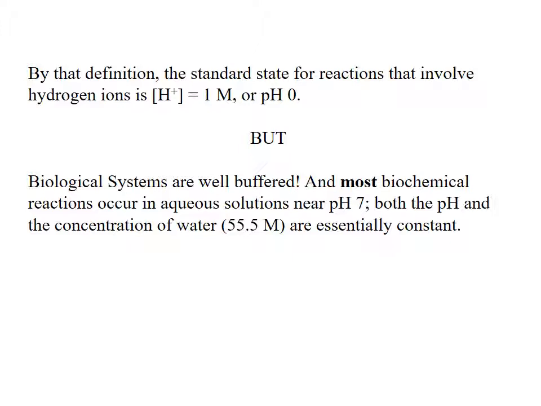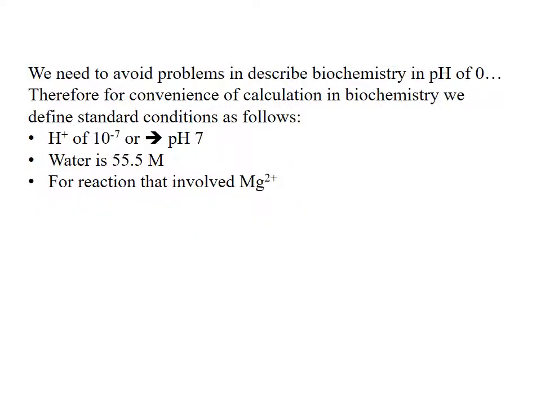Biological systems are very well buffered. And water is highly concentrated at 55.5 molar, and it remains essentially constant. So for practical purposes, in any of the biochemical reactions, we assume that gain or loss of water is 0. So it is, I hope, quite obvious that describing biochemical processes at pH of 0 could potentially be a problem.